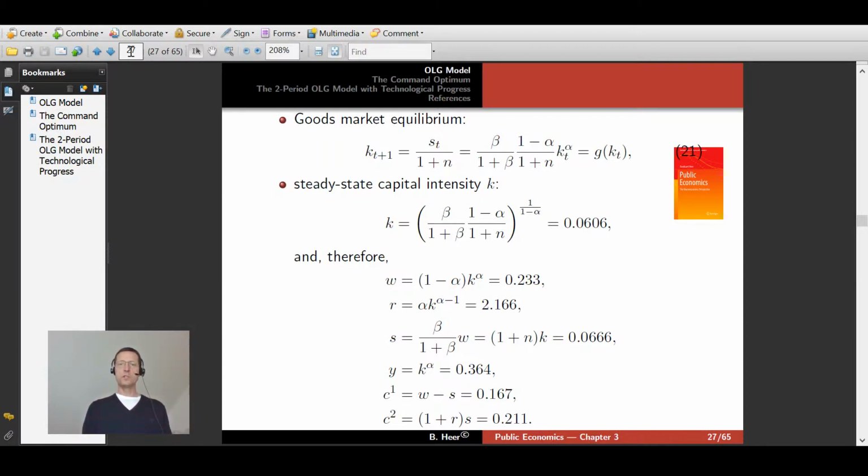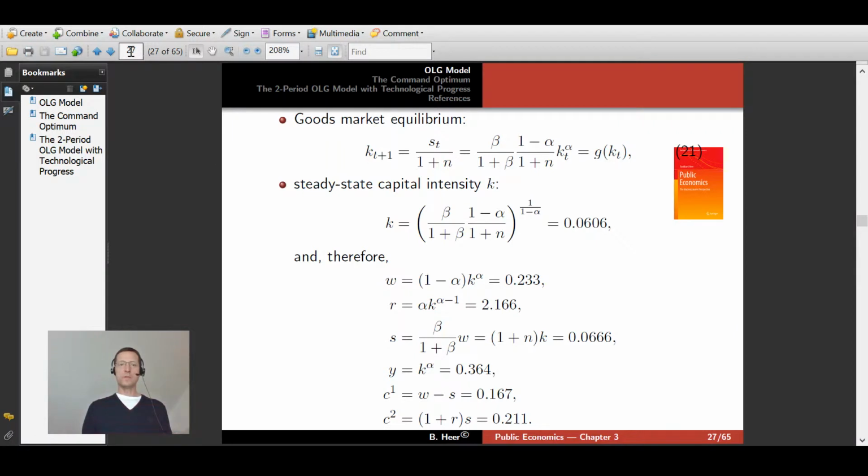So in equation 21 we have a nonlinear first-order difference equation of the capital stock, and this describes the dynamics in our model. In steady state, capital intensity is constant, so that k_{t+1} is equal to k_t equal to k, and for our parameterization this amounts to k equals 0.06.